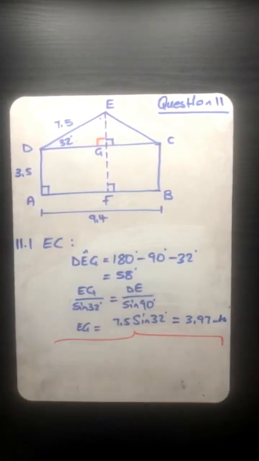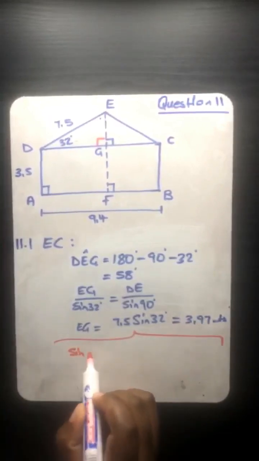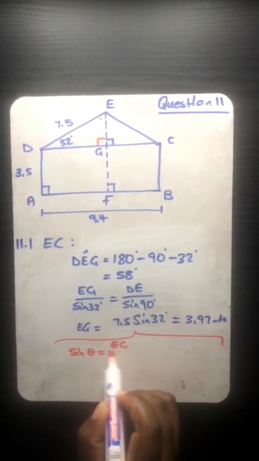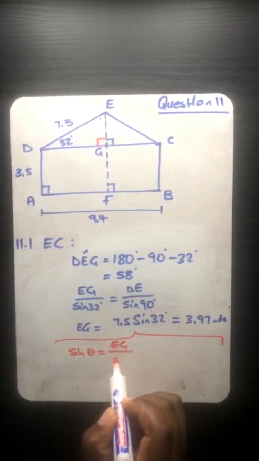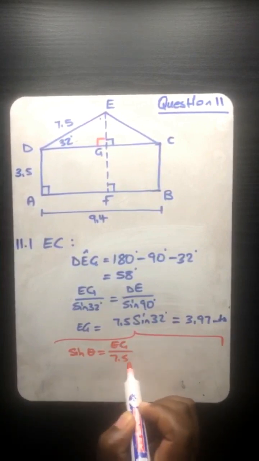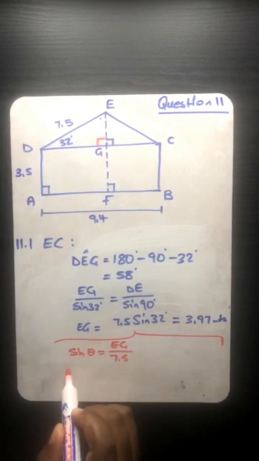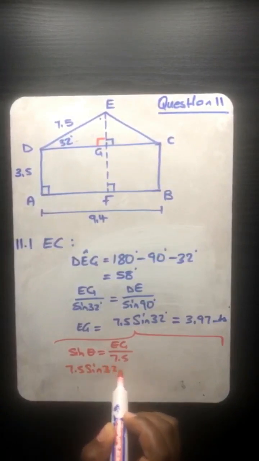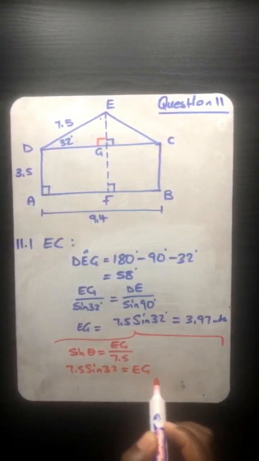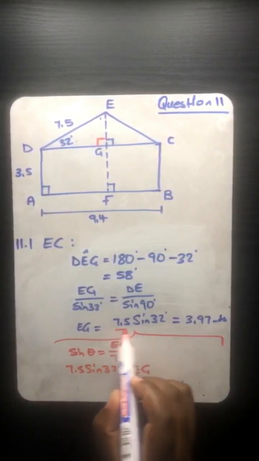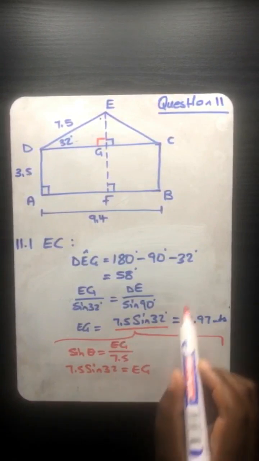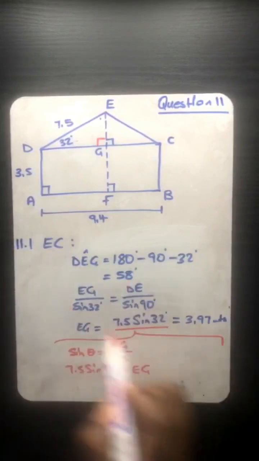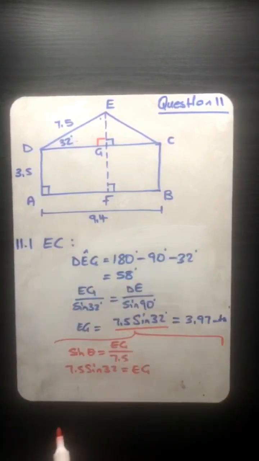Sine of 32, the angle equals opposite over hypotenuse. Then you just cross multiply: 7.5 sine of the angle 32 equals EC. Wondering, it quickly takes you there instead of going through that route and then you still do the sine rule and then you still work it out.